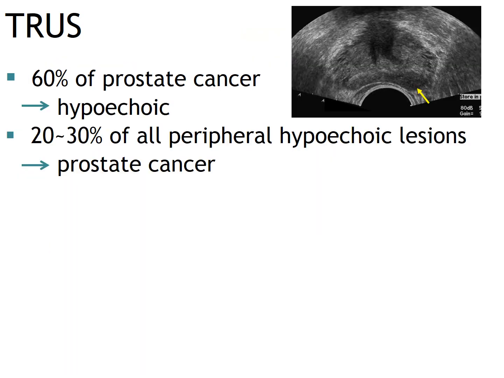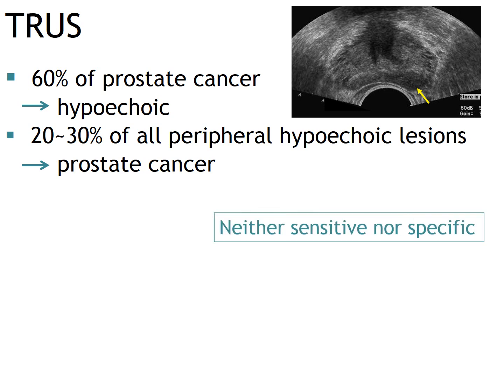However, the problem of transrectal ultrasound is only 60% of all prostate cancer lesions are hypoechoic, and only 20 to 30% of all peripheral hypoechoic lesions are prostate cancers. In other words, this finding of hypoechoic lesion in peripheral zone is neither sensitive nor specific for prostate cancer.